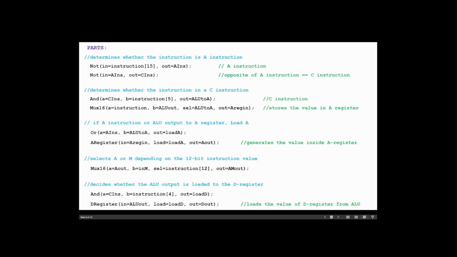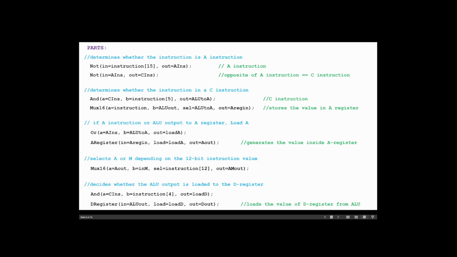Then Mux16 takes in the output of the A register and the value that is currently selected in the data memory register M. This will select which one to output, A or M. Either A or M will then be used as an input in the ALU depending on the 12-bit instruction value.